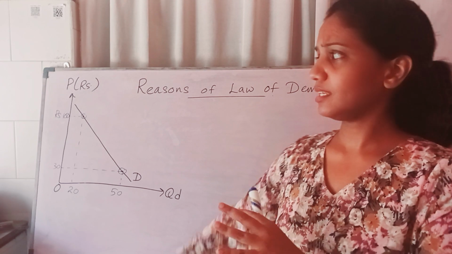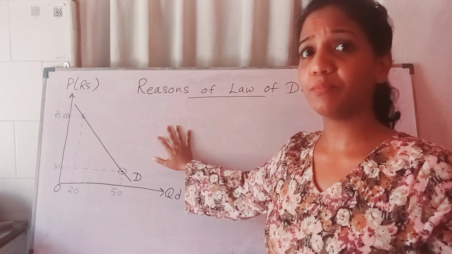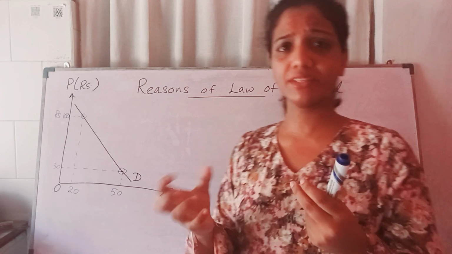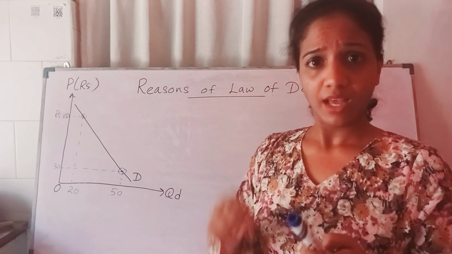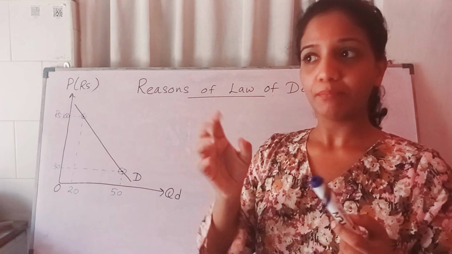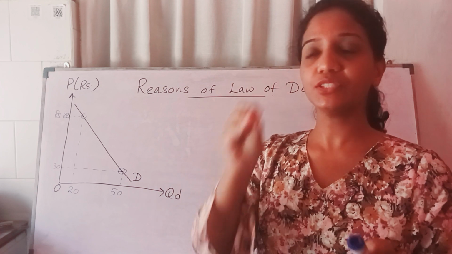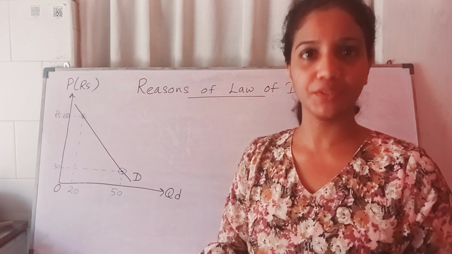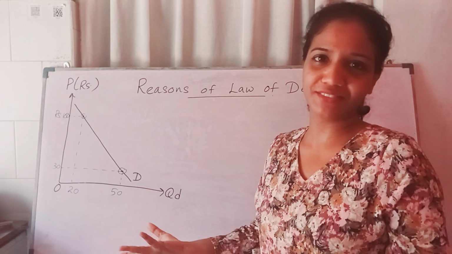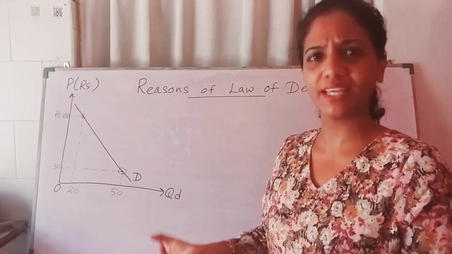These are very, very important areas for your exam, children. Different types of questions can be asked in your exam, but the answer that you need to write should be the same. For example, if they ask what the reasons for the law of demand are, then the question is very easy.